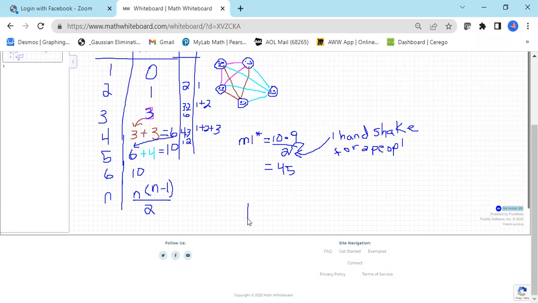So we would have this general formula. And I would say H, if we want to write something, H of n, H meaning the number of handshakes for n people, is n times n minus 1. Everybody shakes hands with everybody else, not themselves.